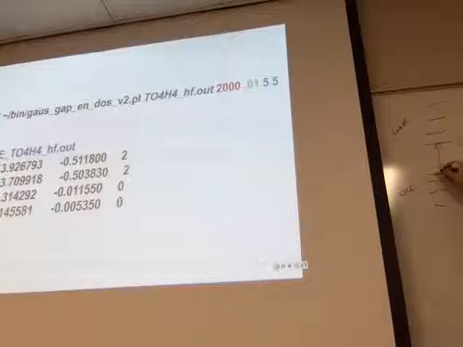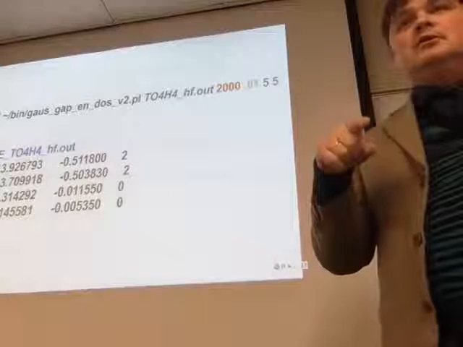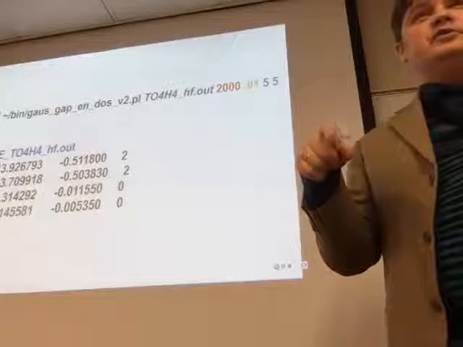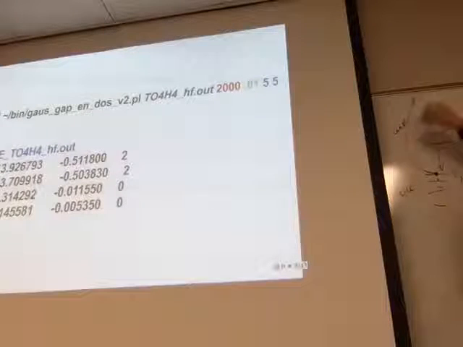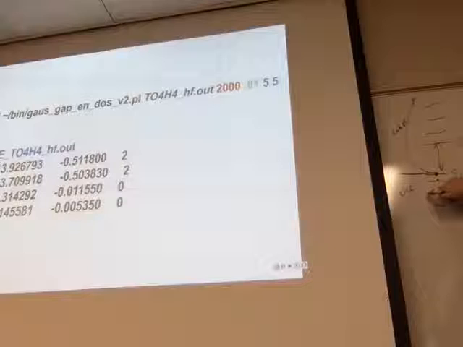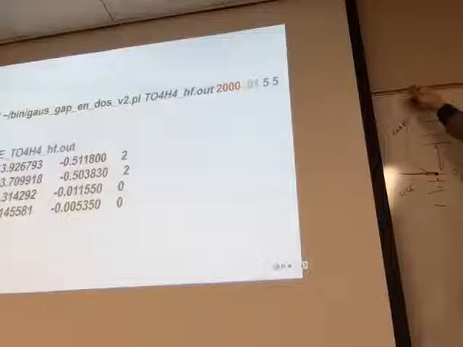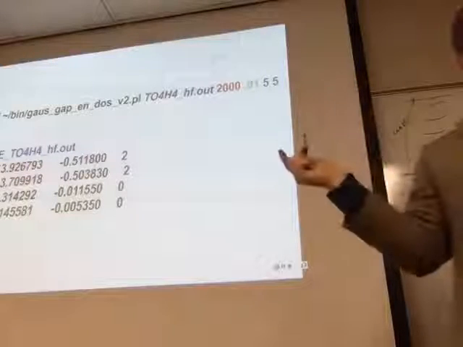So since those are occupied, if you remove an electron from here, the energy of this orbital does relate literally to the energy you spent to ionize your molecule, because you go from here to there. So the lower the orbital, the larger the energy you need to apply to promote it to the vacuum.